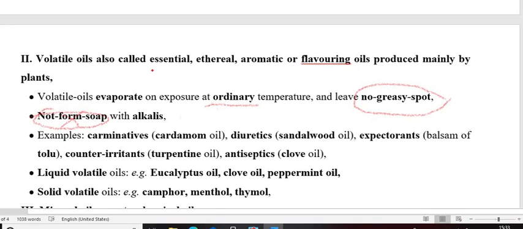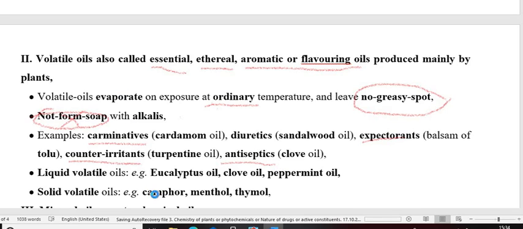Volatile oil is also called essential oil, also called ethereal oil, because it is chemically an ether. It is also aromatic, because it has flavor, so it is a flavoring oil, produced mainly by plants. These are the properties of volatile oil. Volatile oil also has therapeutic efficacy, like diuretic, carminative, expectorant, counter irritant, and antiseptic.